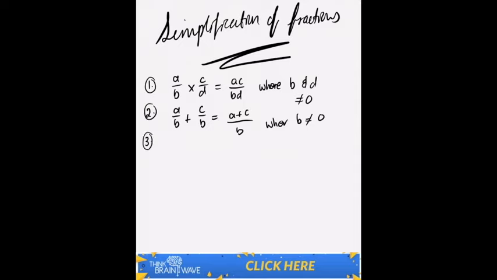Here's the third one. You've got a over b divided by c over d is equal to a over b times d over c.